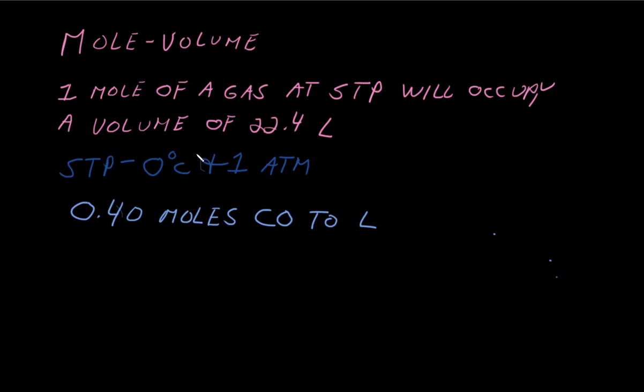Let's say, for instance, I've got 0.40 moles of carbon monoxide, and I want to know how many liters that is. Well, let's set it up in our factor label method, or our dimensional analysis, if you will. So I've got 0.40 moles of carbon monoxide, and I always like to put 1 in the denominator here.